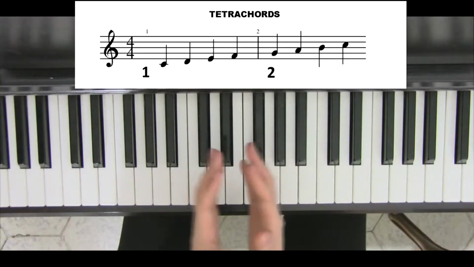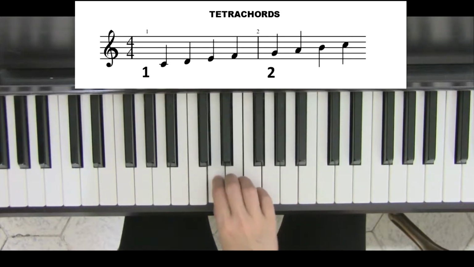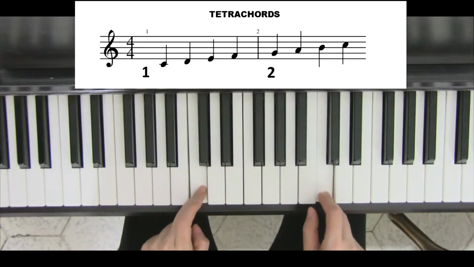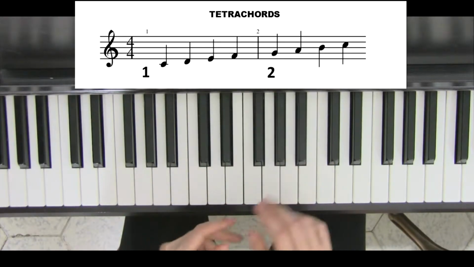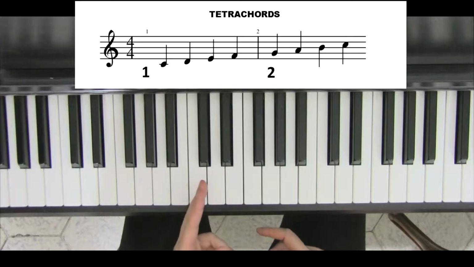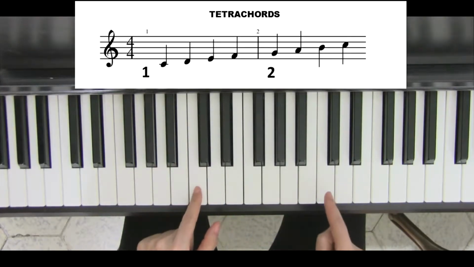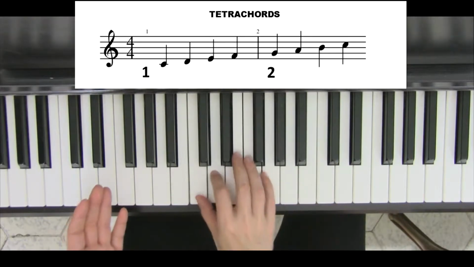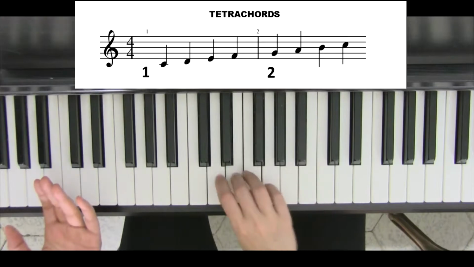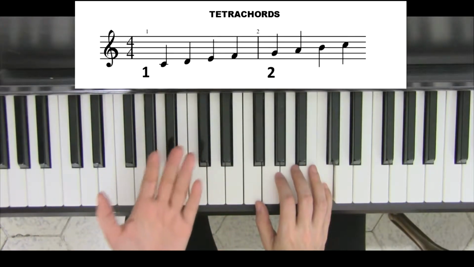When we play a C major scale, talking about major scales, I am going to divide this scale into sections. The scale has 7 notes, but if I add the next C, it's going to be an octave. So this scale is going to have 8 notes, and I am going to divide this in 2.